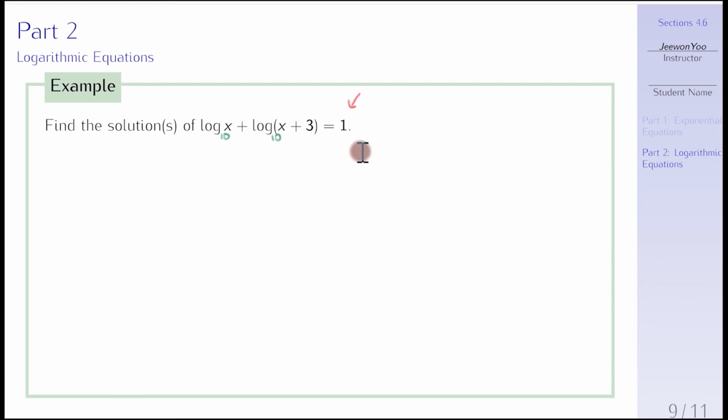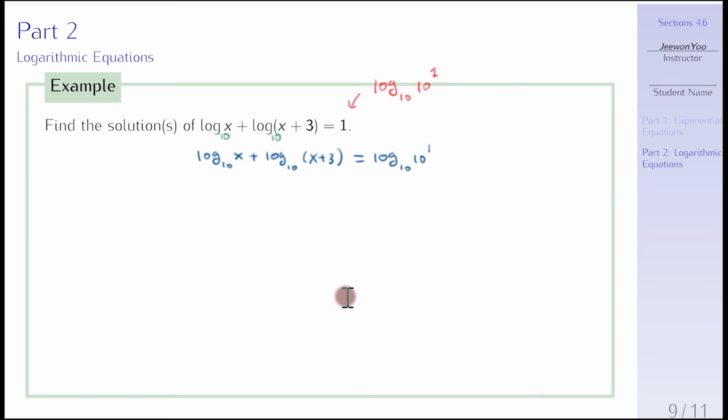For example, something like this. Log base 10 of 10 is 1, you know. Then you can rewrite this whole equation as the following. This equation is equivalent to this equation. Now, do you remember you cannot cancel this?